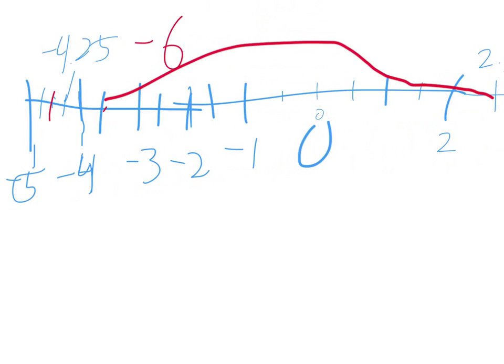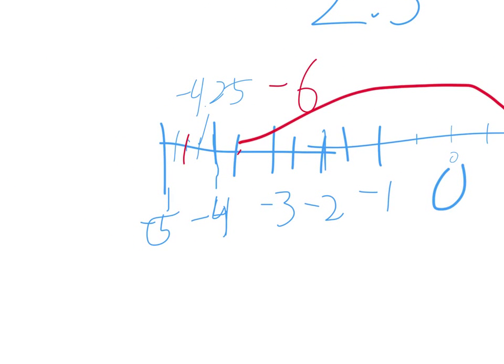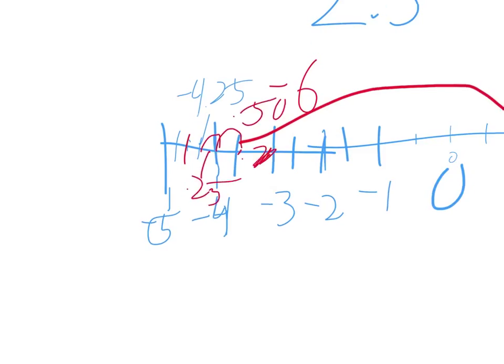Now we've got to zoom in to figure out what the decimal point is. So I'm at negative 6, half more, so another 0.5 would be here, and then another quarter would get me to negative 4, and then another negative quarter would get me to negative 0.25. So this is 0.5 and 0.25. So 0.5 plus 0.25 is like 50 cents plus 25 cents, which is going to be 75 cents.